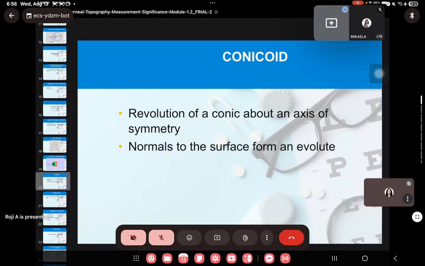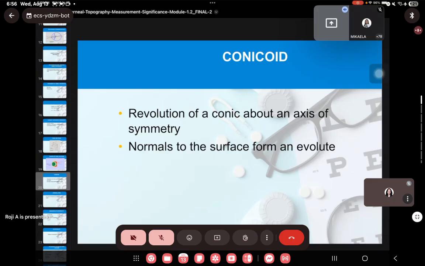All right. So, a conic, the word cone, conicoid, a revolution of a conic about an axis of symmetry, which is circle, symmetrical, right? Because there is no flattening whatsoever. There's no deviation whatsoever.